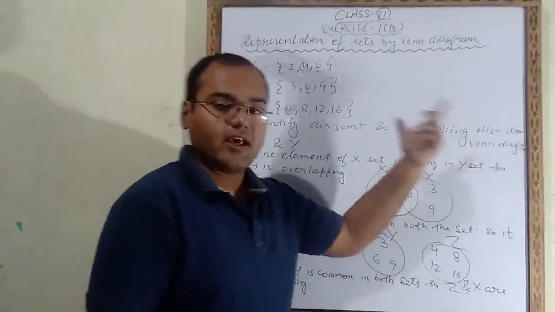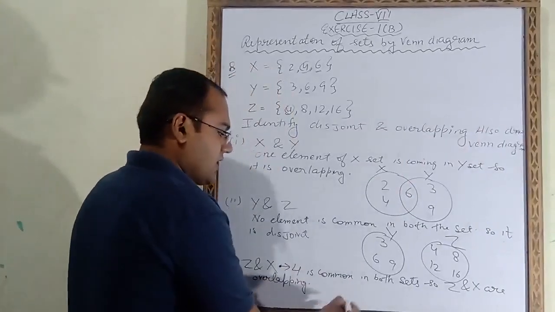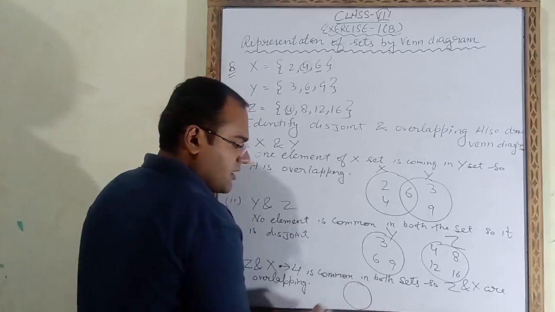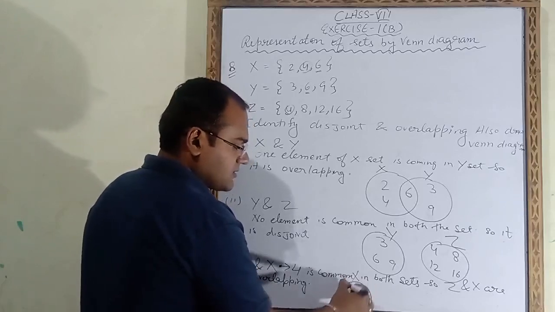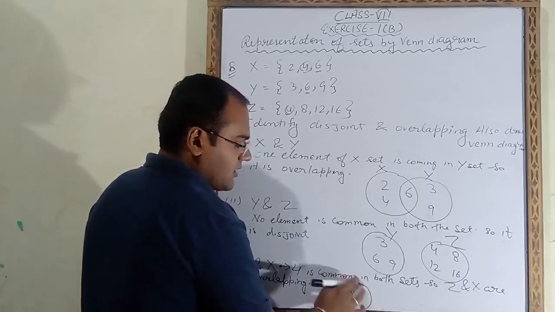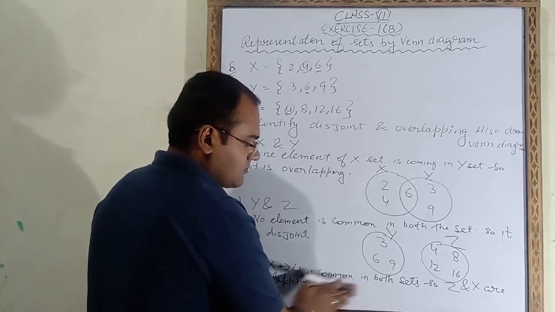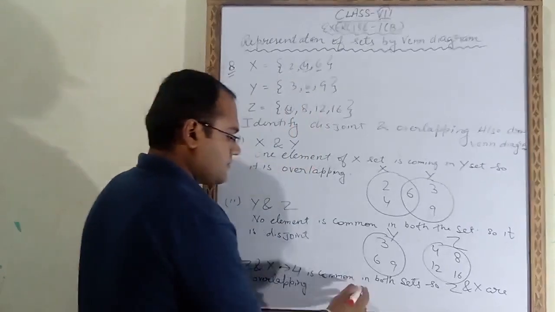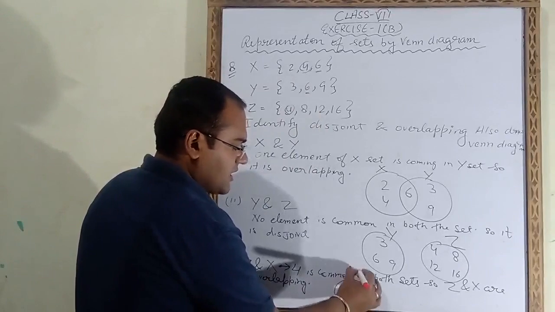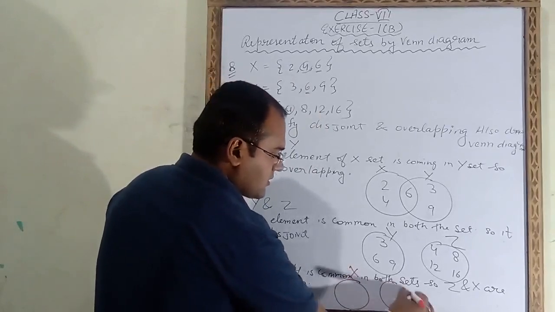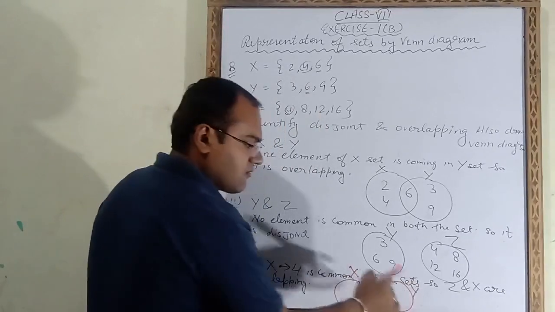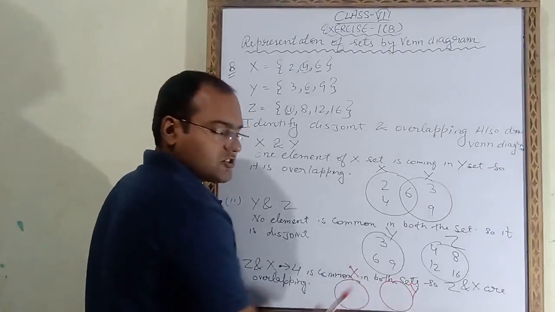Now we have to draw the Venn diagram also. So we will draw one Venn diagram here. Here we will write X. This is X, this side is Y, but this figure is of disjoint.